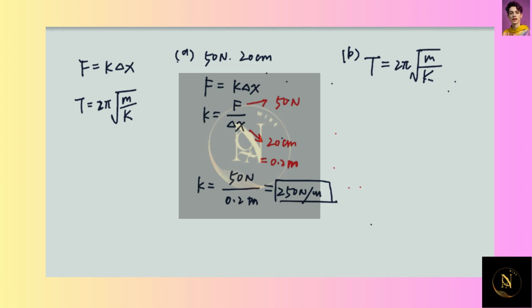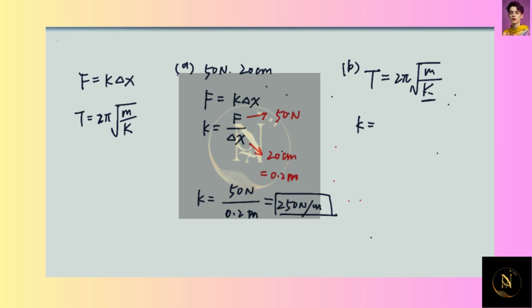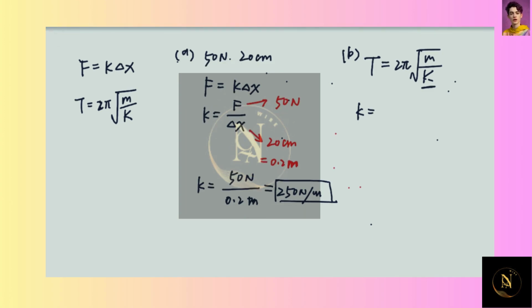So since we're, again, looking for k, we need to convert it into another form, which is k equals 4 pi square times M, and then divide by T square.